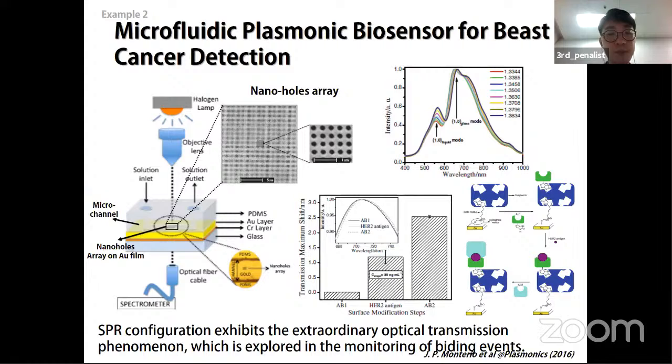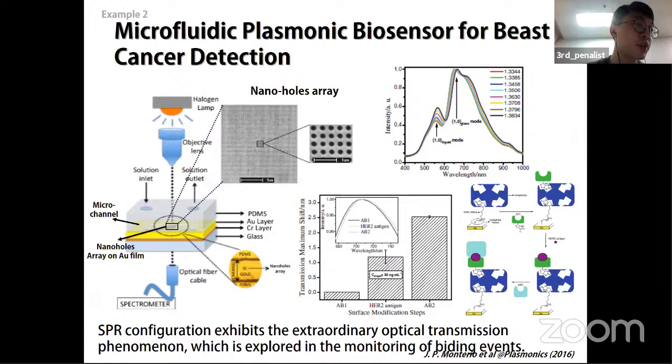And the second example is a paper that used a nanohole array to produce LSPR. This paper shows the label-free SPR configuration exhibits the extraordinary optical transmission phenomenon, which is explored in the monitoring of binding events that occur on the metal surface.